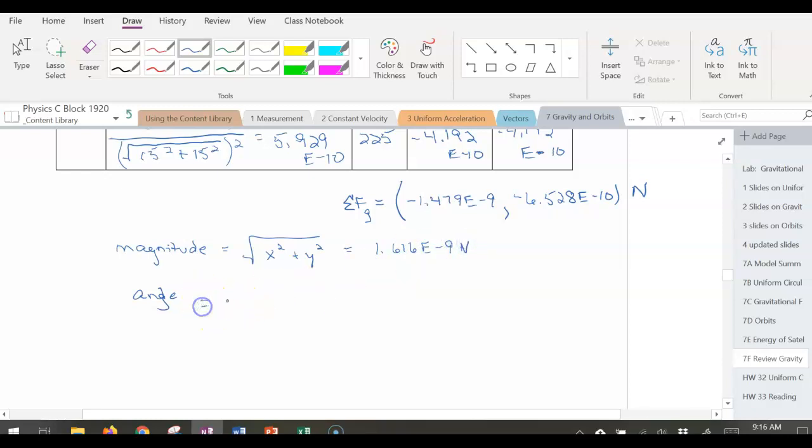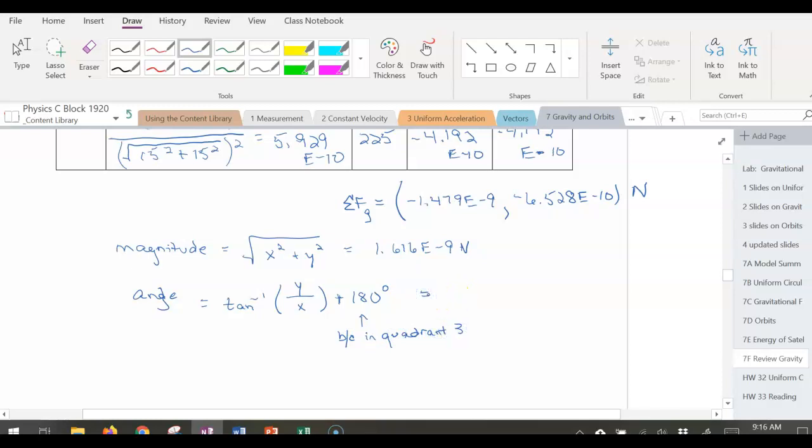And then the angle is going to be the arctan of the y component over the x component. I see that both of these components are negative, so this is a net force that's pointing down in the third quadrant. And so I need to add 180 degrees to the value that my calculator is going to give me. And that's because it's in quadrant 3.